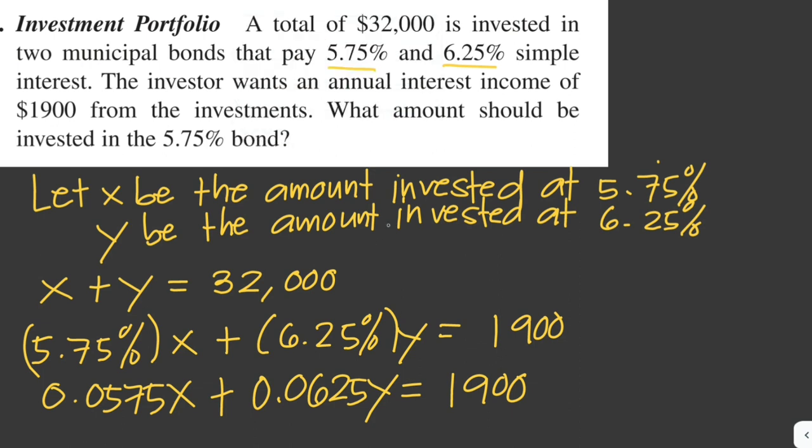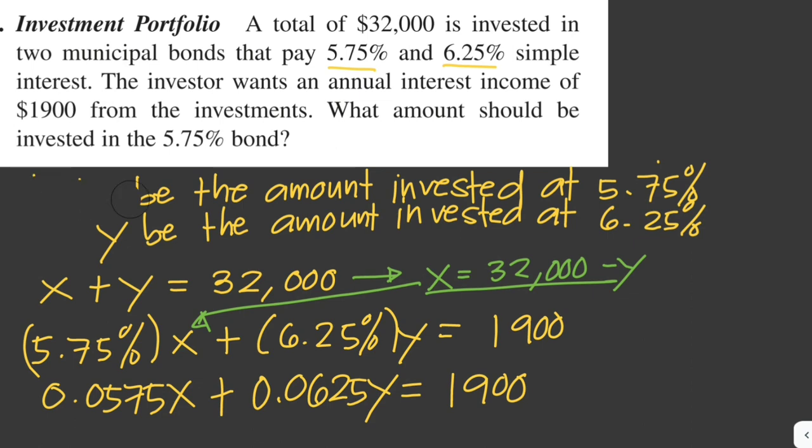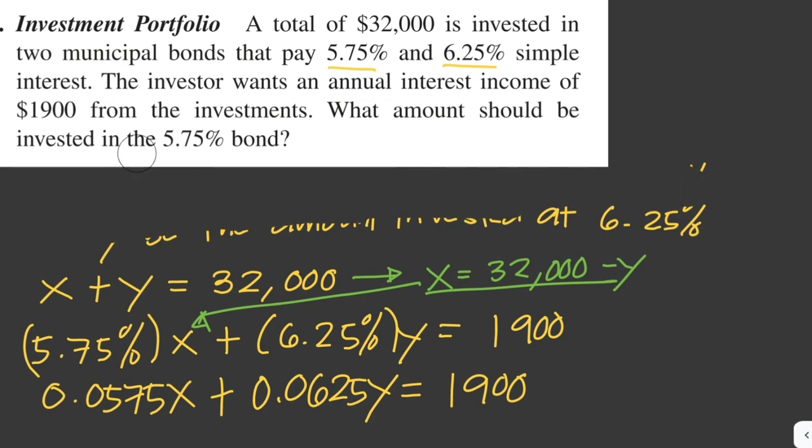Okay. We can write the first equation as x equals 32,000 minus y, and then substitute this into our second equation. So let's do that.